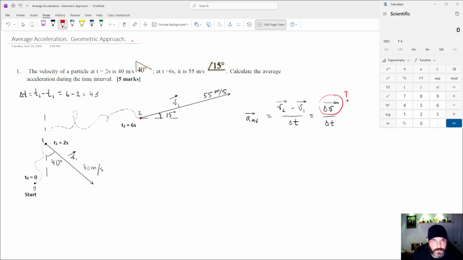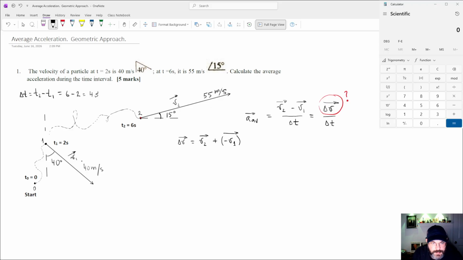Okay, we are going to use geometric approach in this particular case. In the next video, we are going to use component approach. So here we are going to actually add these two vectors, even though we have minus sign here, so we can still represent it as the sum. Our delta v is equal to v2 plus minus v1.